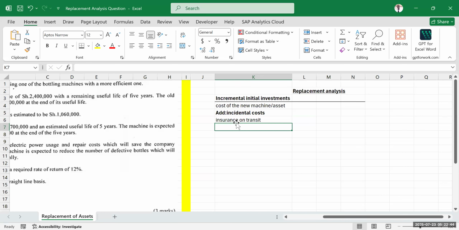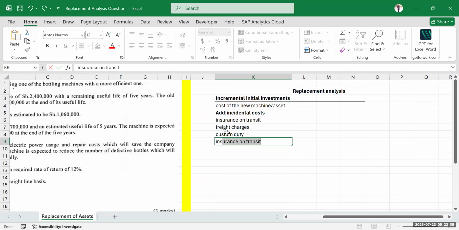In case there are any freight charges involved, then you will have to add it onto the cost of procuring the new machine. In case you'll have to pay any custom duties, then it will be part of the capitalization of the cost.